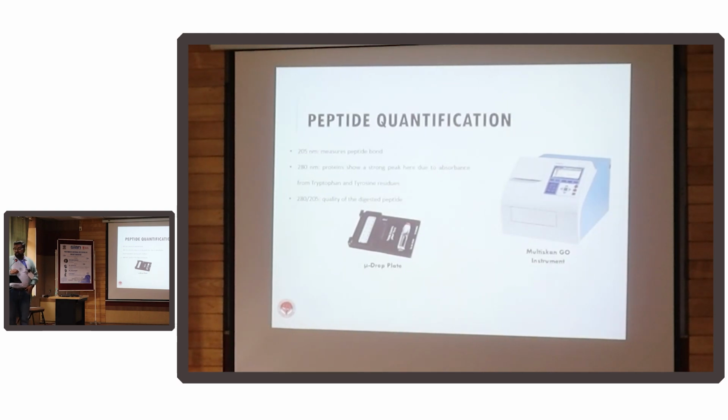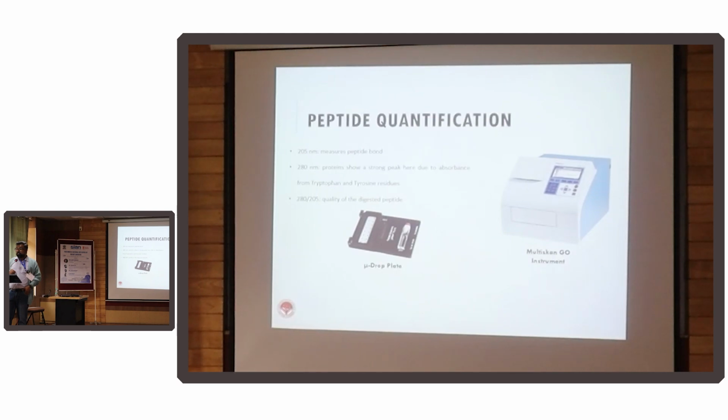At 205 nanometers it measures the peptide bonds. At 280 nanometers it gives a strong signal due to tryptophan and tyrosine residues. This is a microdrop plate, and this is the instrument, Multiskan GO, from Thermo, but of course you can use similar principles in your own lab. You get the ratio of 280 by 205, which also gives you a good measure of digested peptide.